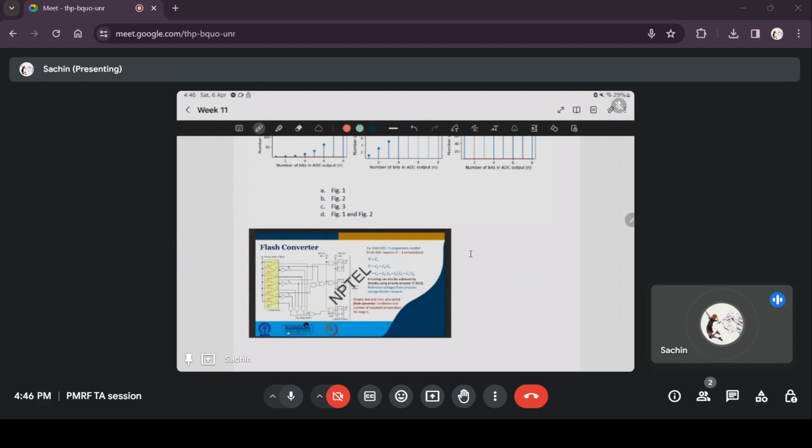What I have given is the circuit for an example of a flash converter. You can see the number of comparators there.